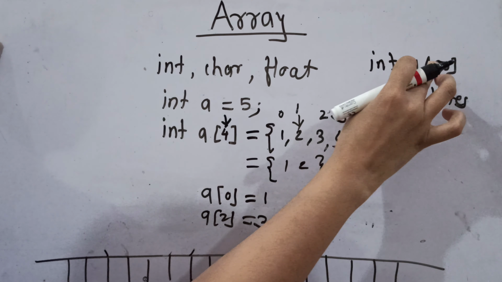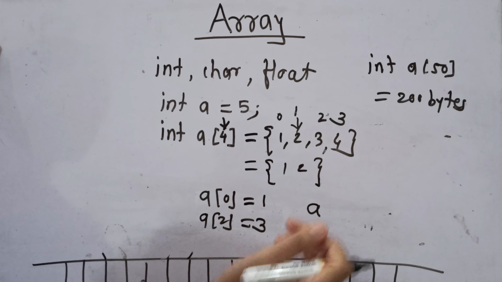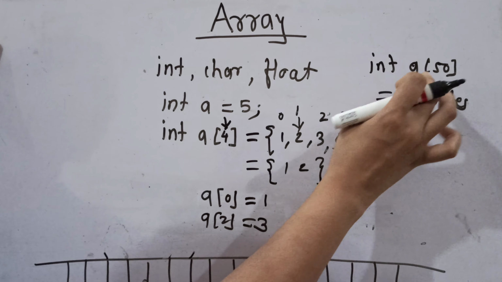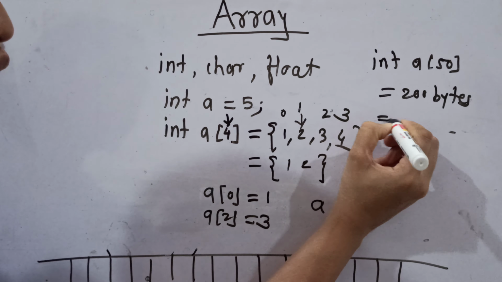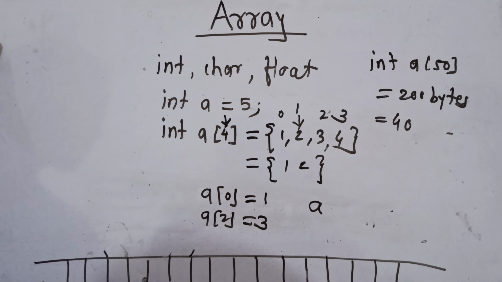And out of this declaration, suppose at the time of programming I am accepting only 10 values. So how many spaces am I going to use here? 10 into 4, only 40 memory locations we are going to use here.